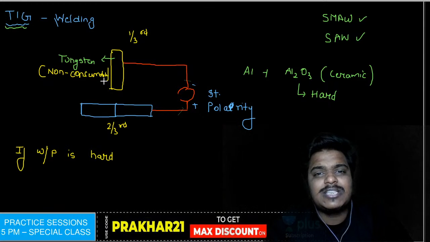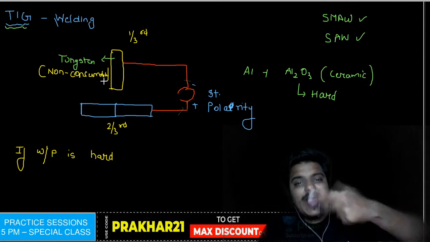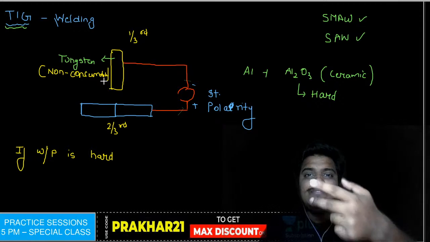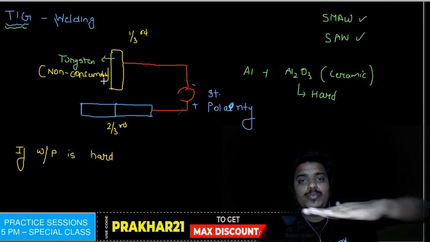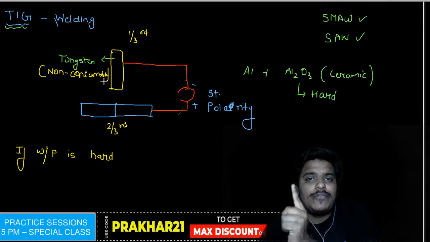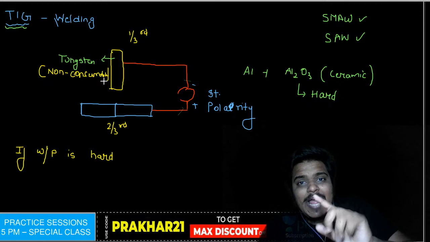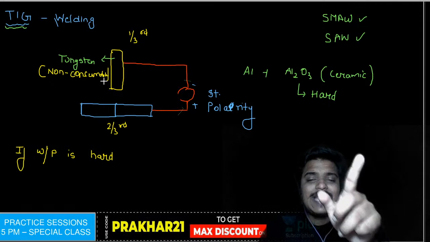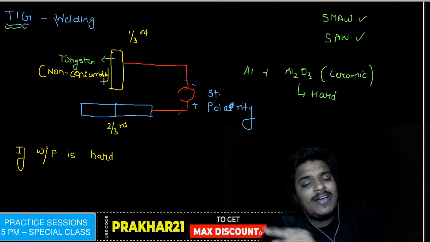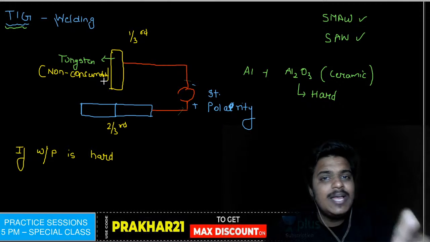If you don't have any doubt, please write clear. If this concept is clear to all of you, why are we changing the polarity? Because we want to use the kinetic energy of the electron to break the film. And now in reverse polarity, the positive sign is attached to the electrode. Wherever the positive sign is attached, that is the anode.